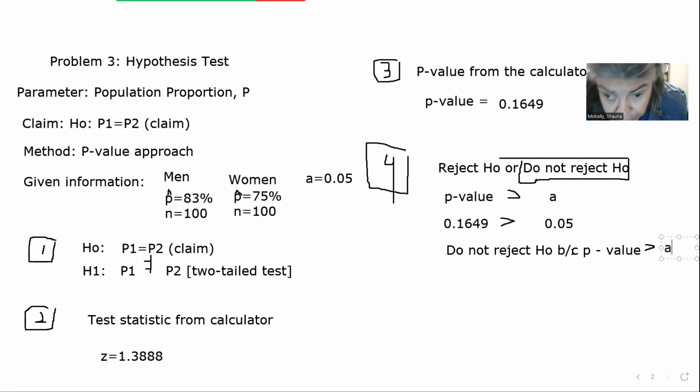Now, what can you say about the claim? Remember, we have to make a summary statement for the end of my hypothesis.